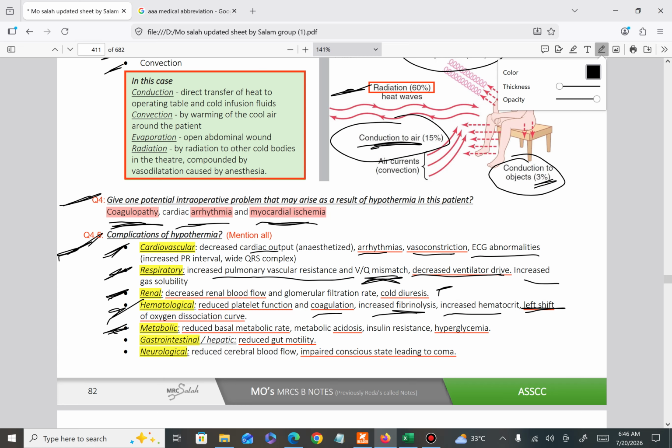Metabolic complications are reduced basal metabolic rate, metabolic acidosis, insulin resistance, and hyperglycemia. Gastrointestinal and hepatic complications include reduced gut motility, and the neurological complications are reduced cerebral blood flow and impaired conscious state leading to coma. So these are the complications of hypothermia.